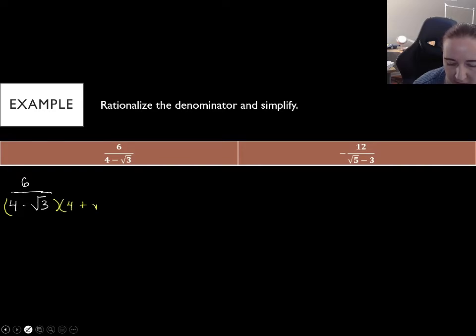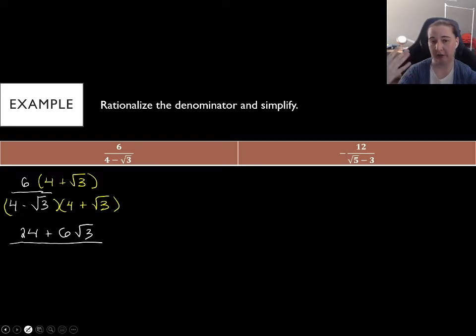And you do this on the top and the bottom. So that's the conjugate. And so we do need to distribute on the top. So 6 times 4 is 24, and then 6 times the square root of 3 is going to be 6 times the square root of 3.